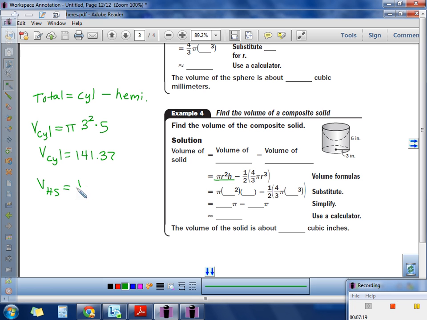So half of 4/3 pi r cubed. That's what we need to type in. And once again, we already know our radius, so all we've got to do is plug that in properly. So pi times 3 cubed, and we'll get that hemisphere volume.